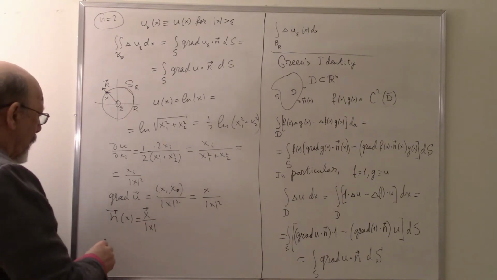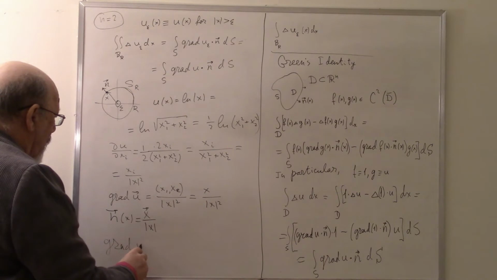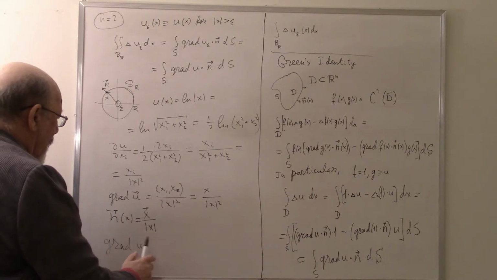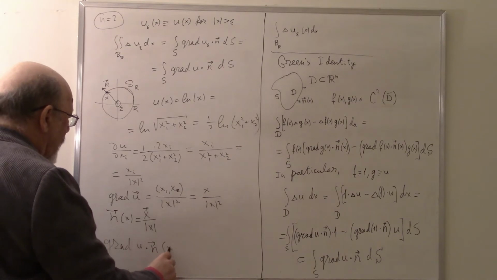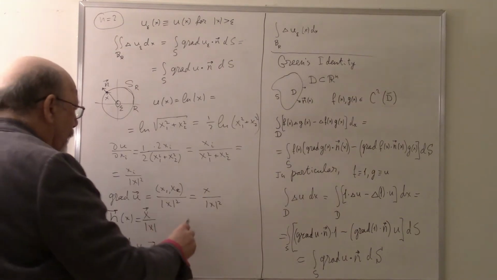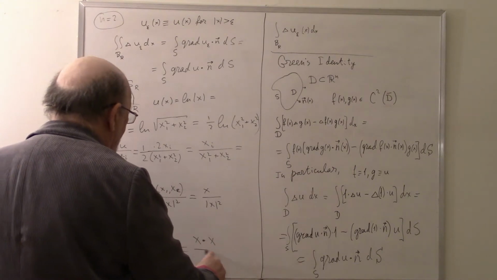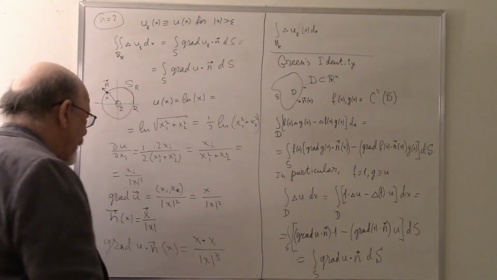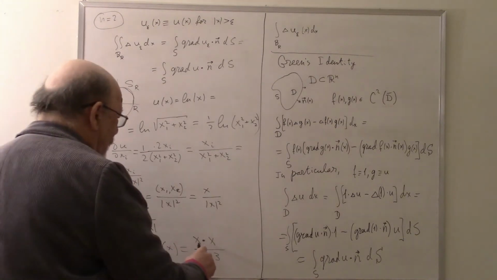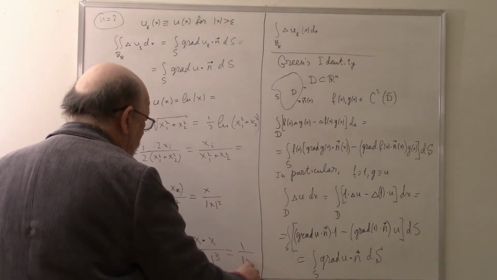And so gradient u dot n at the point x equals x dot x divided by |x|³, which is 1 over |x|.